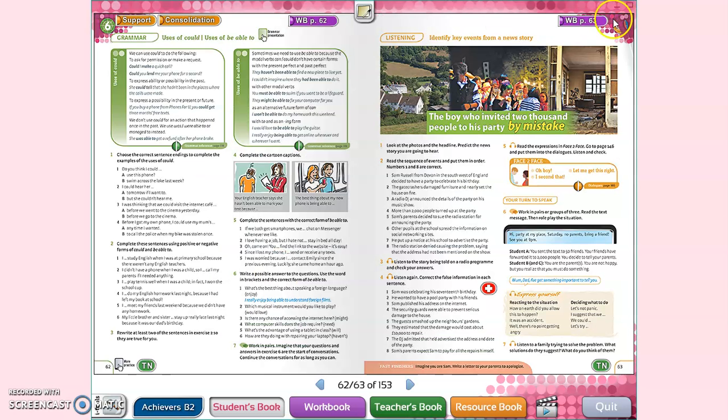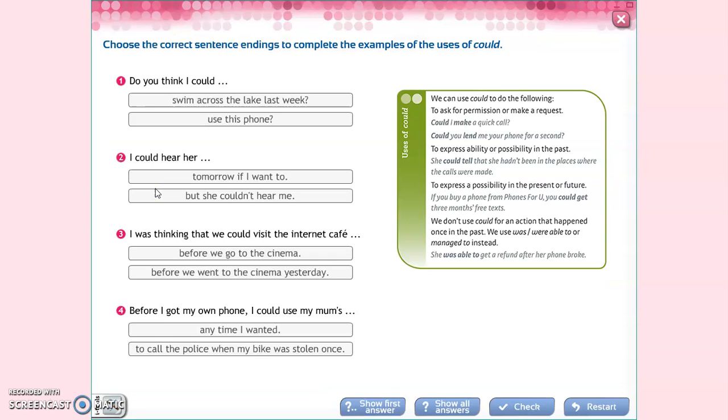Let's go back to our main page, and let's go on with the exercise. So we are going to go ahead with exercise number 1. So the instruction says choose the correct sentence endings to complete the examples of the uses of could.